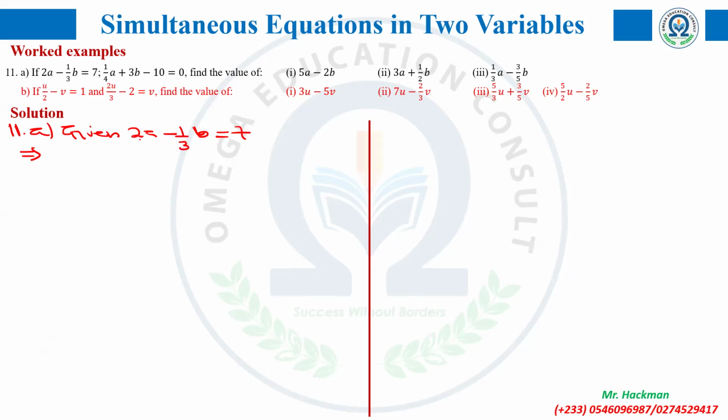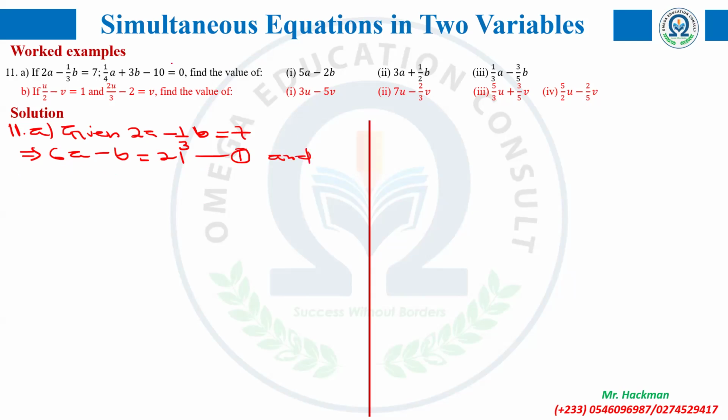Multiply through by 3. This by 3 will give me 6a. This by 3, the 3 will cancel, so I'll get minus b. I won't write the 1, it's simply understood. 7 times 3 will give me 21. At this point, I will call this equation 1. Then go to the next.